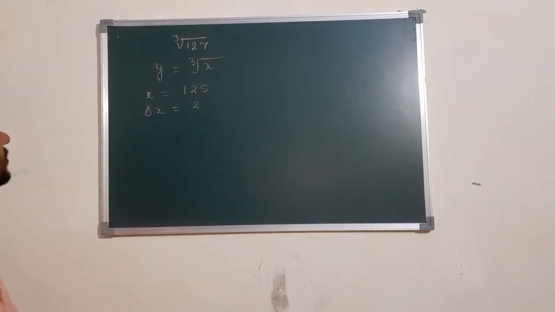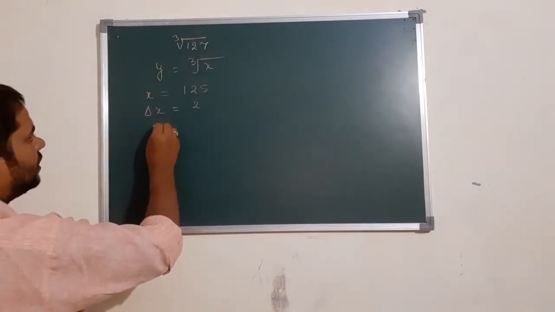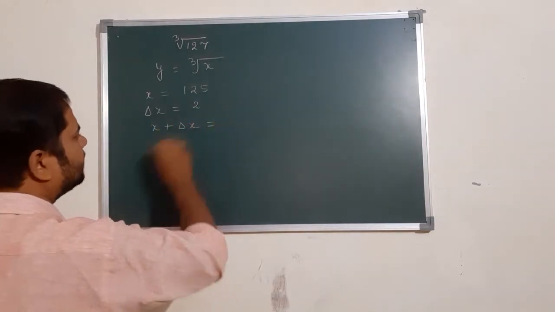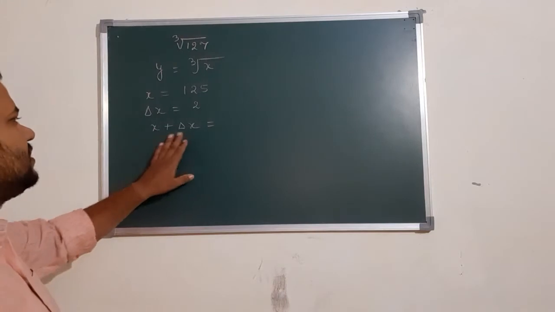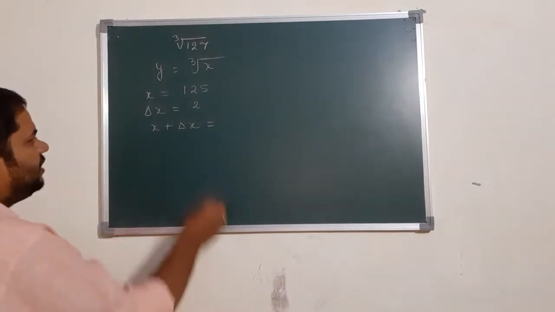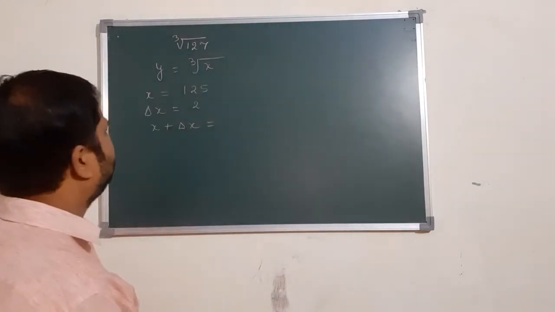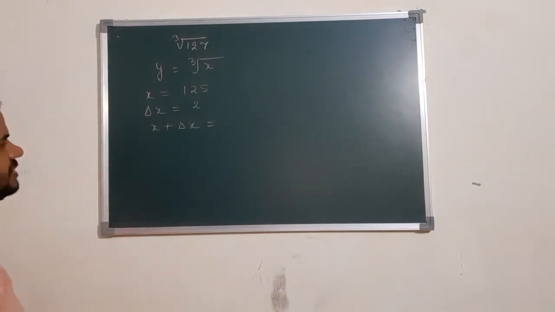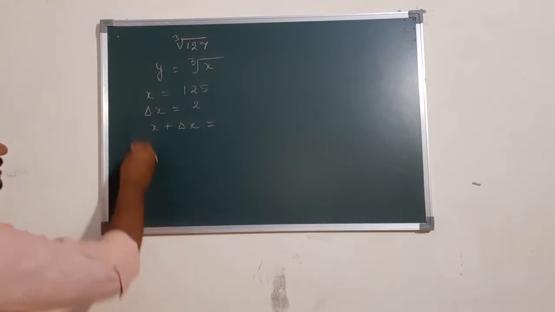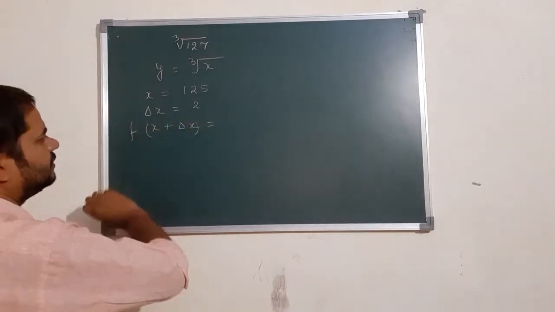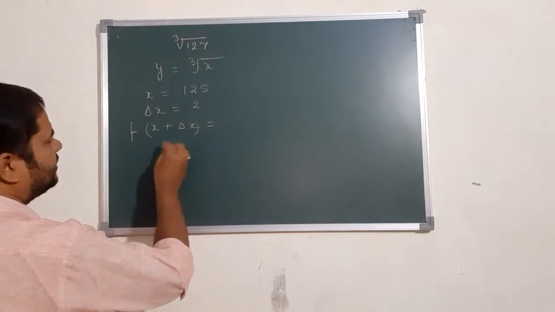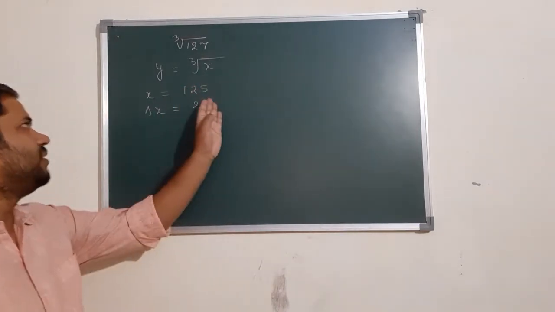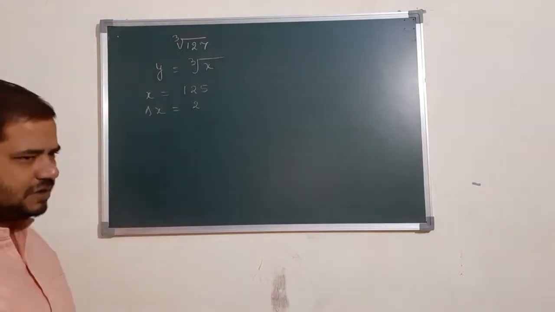So x plus delta x is 125 plus 2, that means if we find f(x plus delta x), otherwise this is x and this is delta x, because 125 plus 2 is 127.